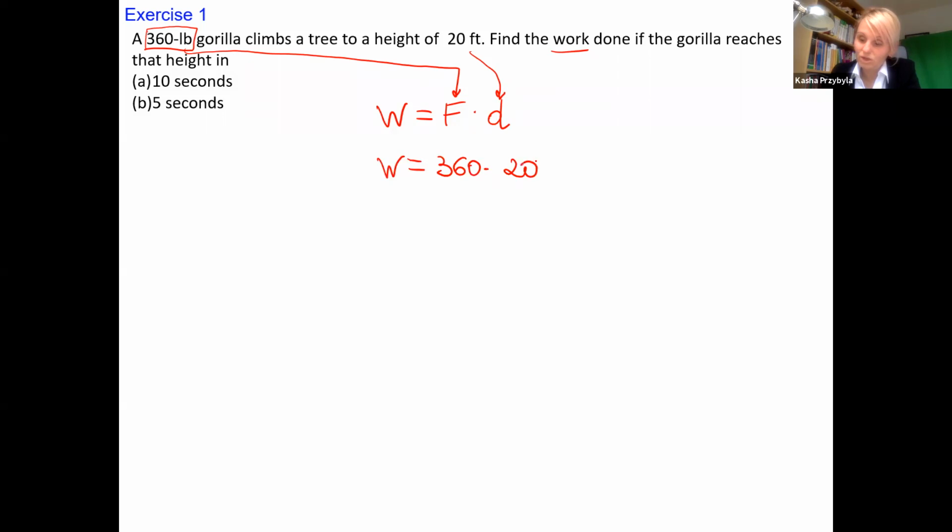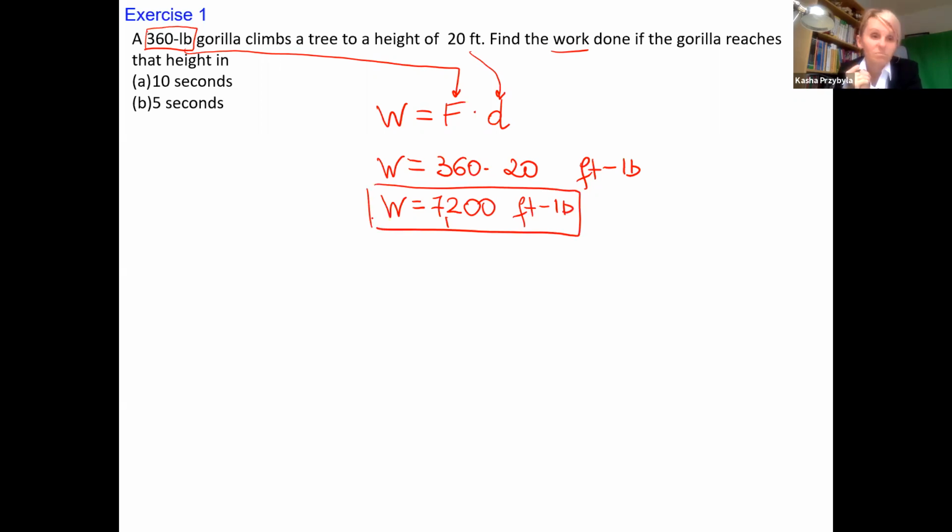360 times 20, and this will be feet-pounds. 36 times 2 is 72, and 2 zeros. Feet-pounds. Okay, that means that's the work in feet-pounds. But do you think it will be a different answer for A and a different answer for B?